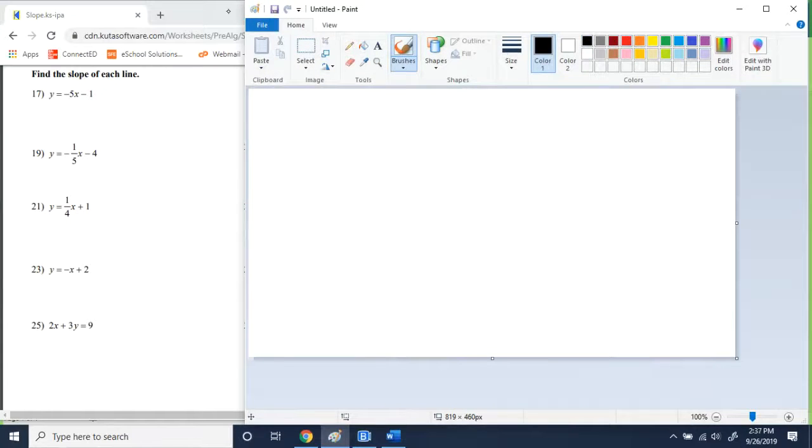Now looking at 25, it is written in standard form. But you may have a question to say, put it in y-intercept form, which is y equals mx plus b. So now I need y by itself. I'm going to move the 2x to the other side.